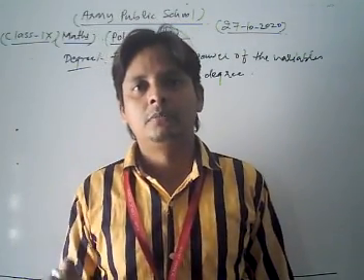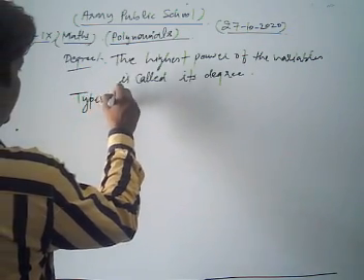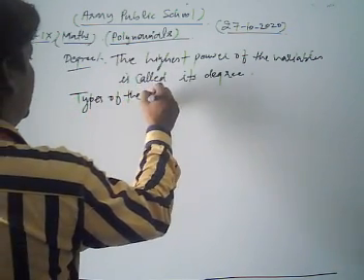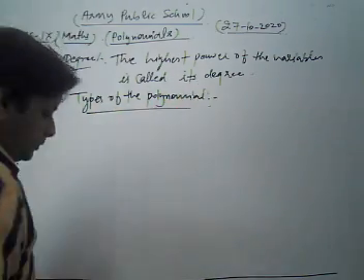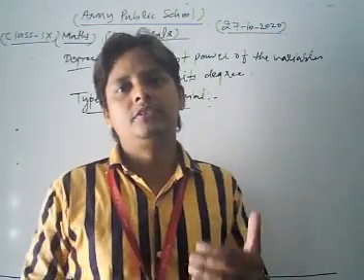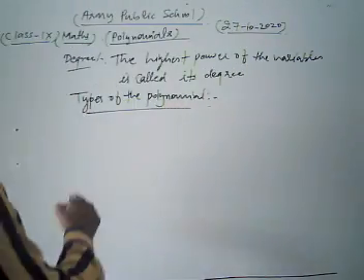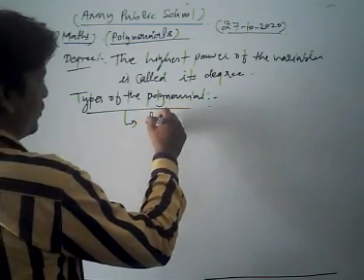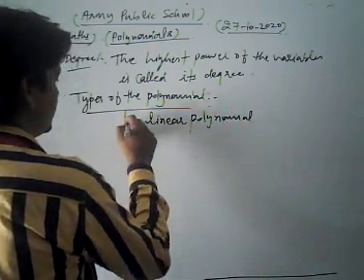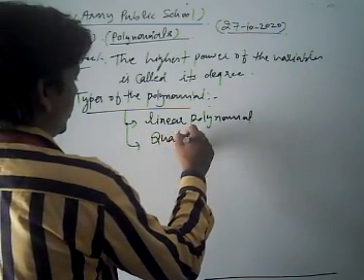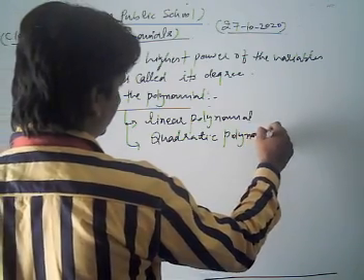Now we discuss the types of polynomials. Dear students, on the basis of the degree of the polynomial, there are 4 types of polynomials. First is the linear polynomial. Second is the quadratic polynomial.